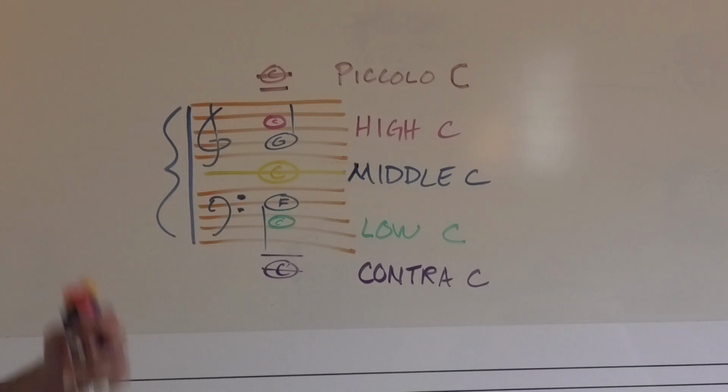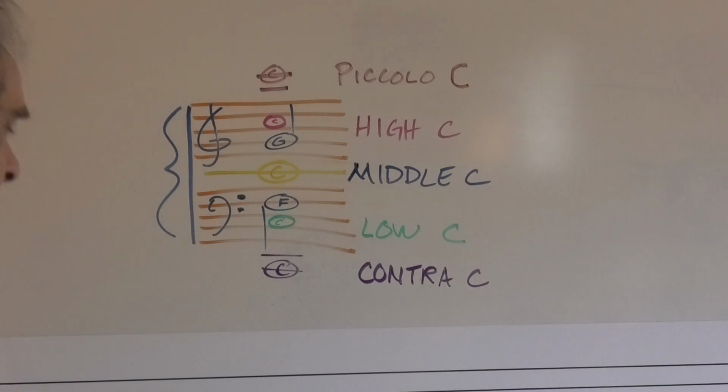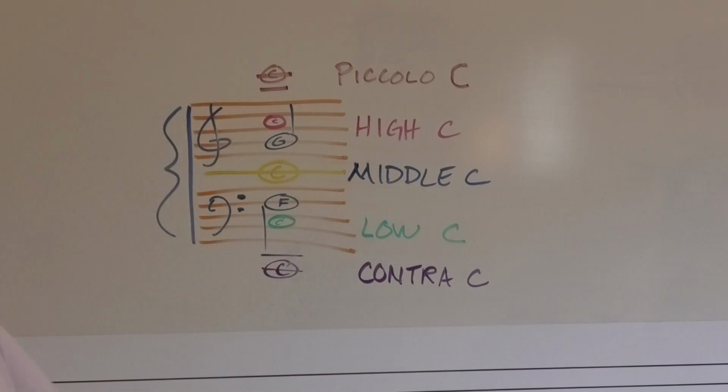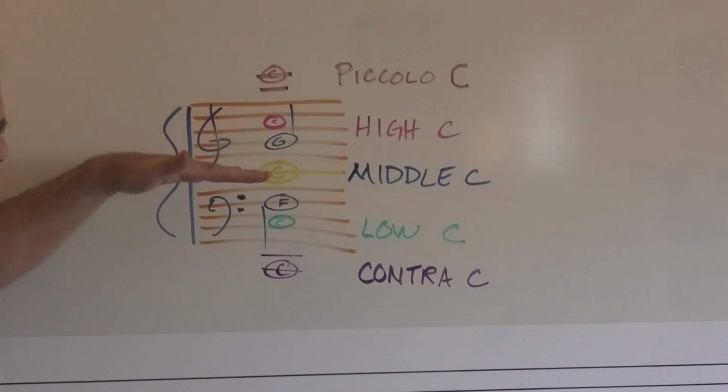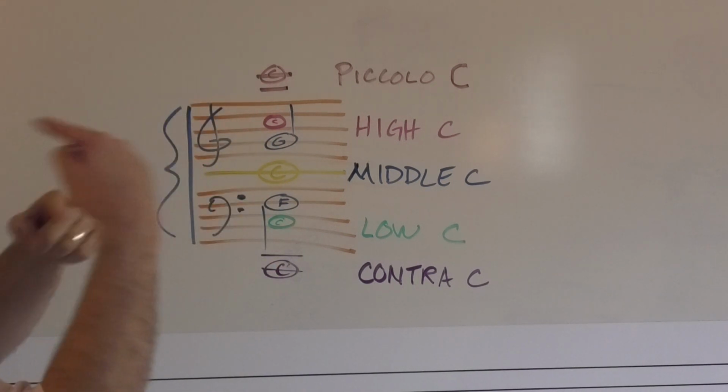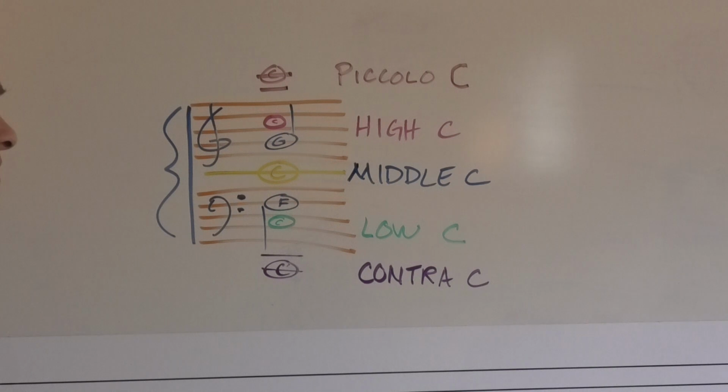So the double bass could also be called the contra bass. So these are our major markers on the staff. You want to know these notes. That's going to help you navigate reading music.